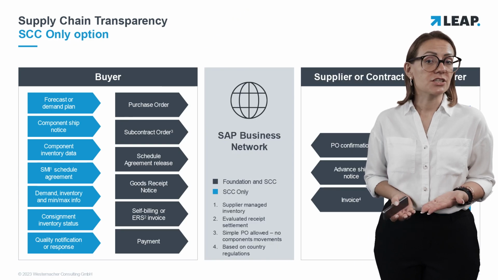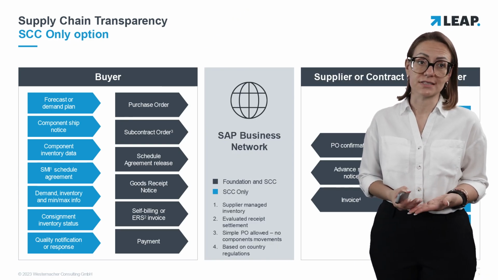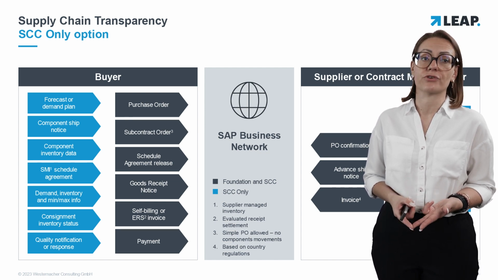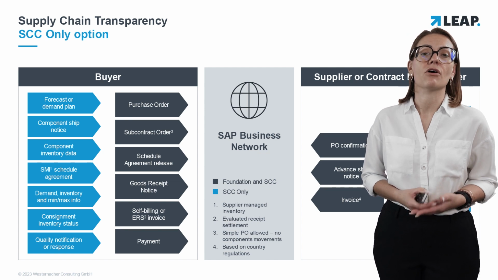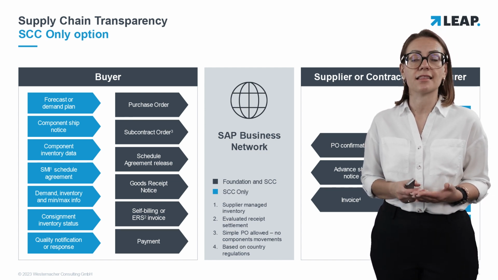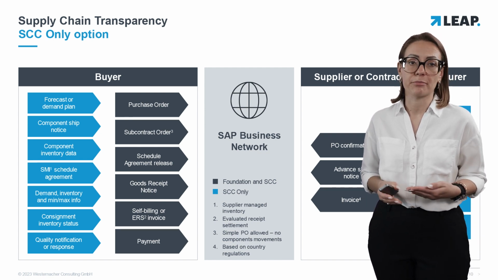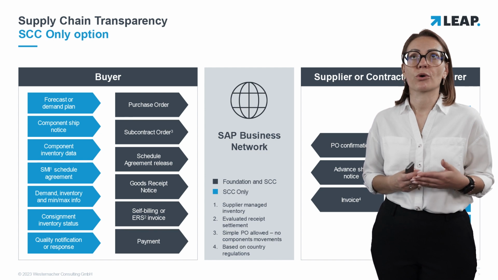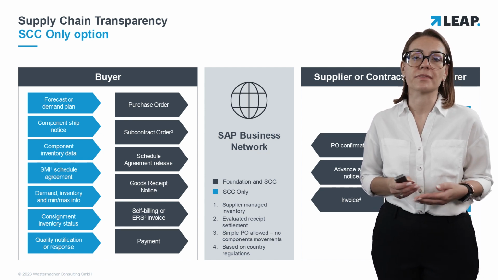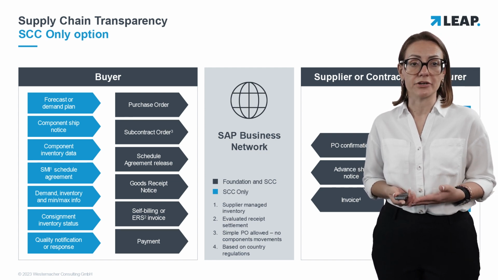In case the organization would like to increase the scope and expand their range of processes in regards to inventory, transportation or forecasting, SAP also offers a full supply chain collaboration option that allows the buyer to perform forecasting, demand planning, but also quality activities like complaints and quality management that are sent through the SAP Business Network to the supplier.